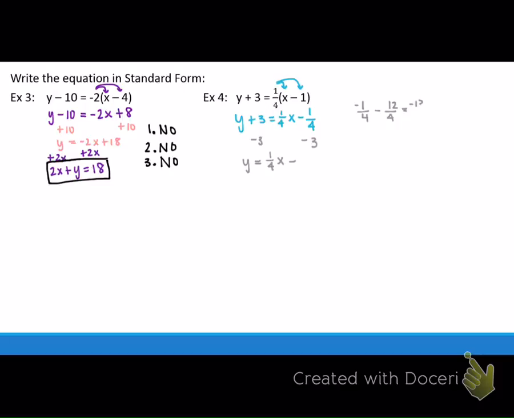So that's negative 13. We keep the denominator the same over 4, which is the same thing as 3 and 1/4. So if you put minus 3 and 1/4 there, or minus 3.25, you can use a decimal there if you want to. It's easier to work with fractions, though, when it comes to standard form than decimals. So I would really avoid changing things to decimals. I would really keep them as fractions.